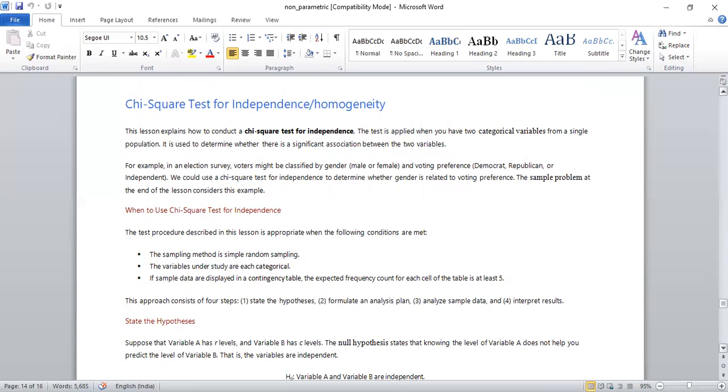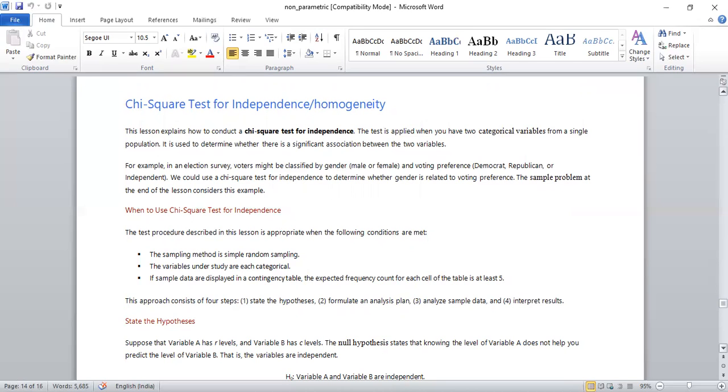For example, in an election survey, voters might be classified by gender and voting preference. We could use a chi-square test for independence to determine whether gender is related to voting preference or not. The sample problem at the end of the lesson considers this example.